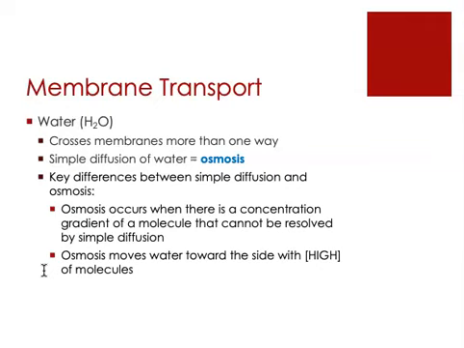It goes in the other direction. The water moves from the side with the low concentration of molecules towards the side with the high concentration of molecules because the water is trying to dilute the concentration. I know this is confusing. Let's take a look at an artist's depiction.